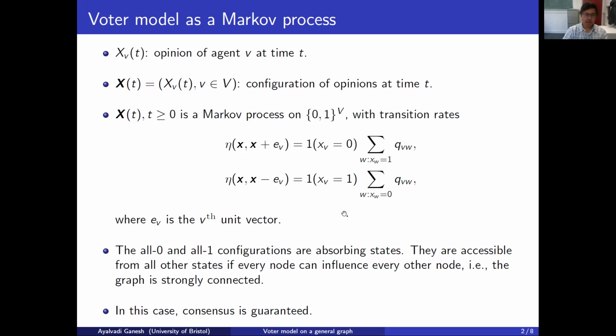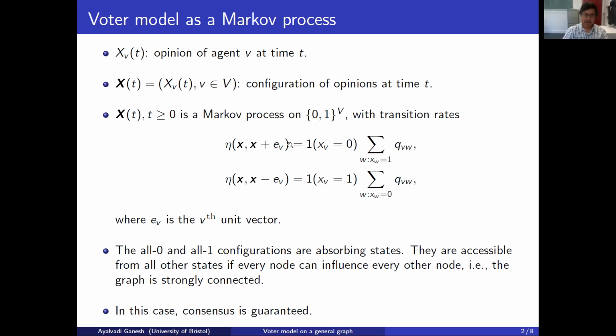Okay, so if you've convinced yourself that X_t is a Markov process and these are the transition rates, then we can go on to ask, how does this Markov process behave in the long run? In particular, it's easy to see that the all 0 and all 1 configurations are absorbing states. So if all the coordinates of x were 0, what's the rate of changing one of them to a 1? The sum here is empty because there are no vertices in state 1, and an empty sum is 0, so the rate is 0.